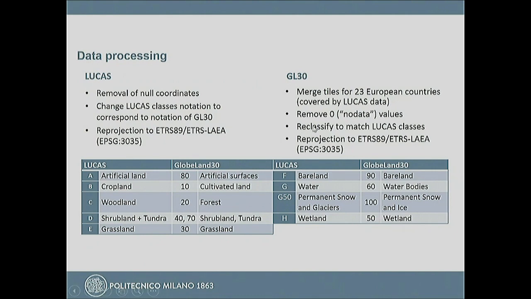Then, but this is just a detail, we need to remove no data. We need to reclassify the classes in such a way as to create the link between the classes in Lucas and the classes of Global 30. And this has to be done manually.